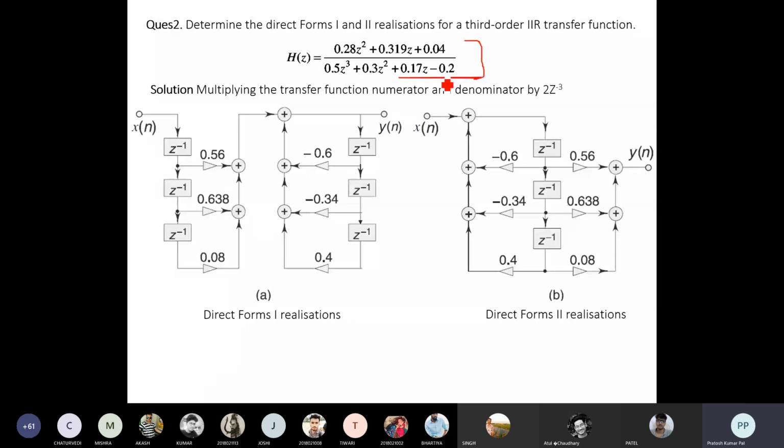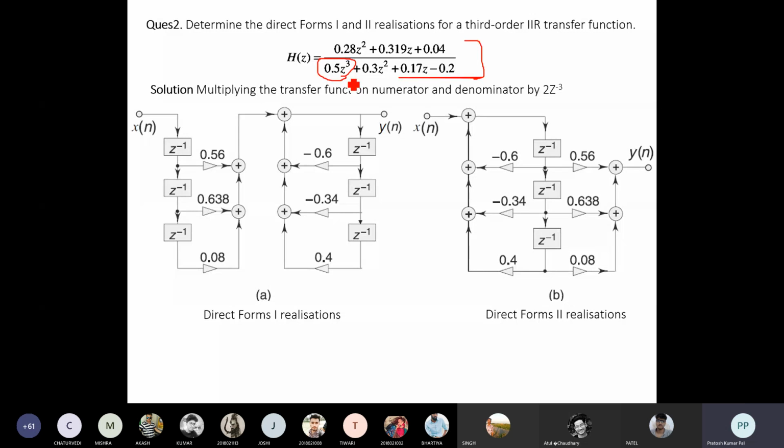So what we can do is multiply the numerator and denominator by 2 into z to the power minus 3. Actually, it is 0.5. The coefficient at the start should be equal to 1, so we have to make the first term 1.